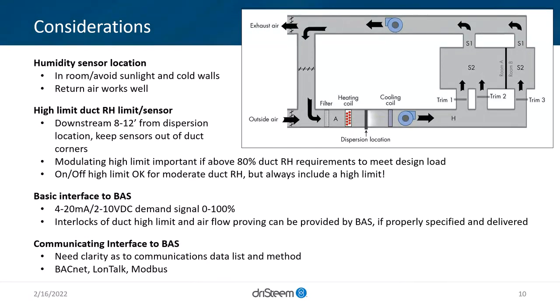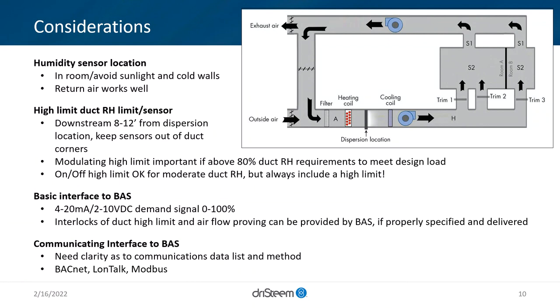Understanding high limit duct RH sensors, you may choose a switch or you may choose a transducer. And really the best practice is to get it as far downstream of that dispersion unit itself, in an ideal world.